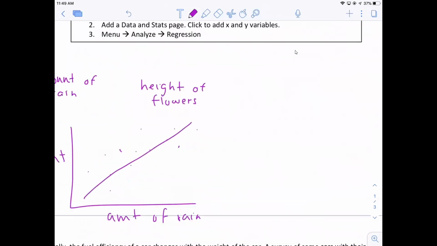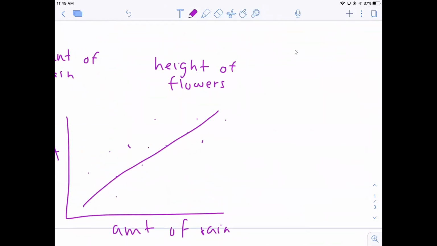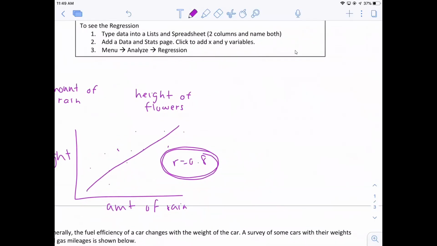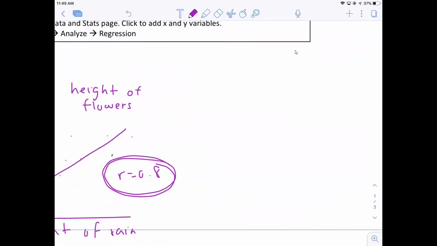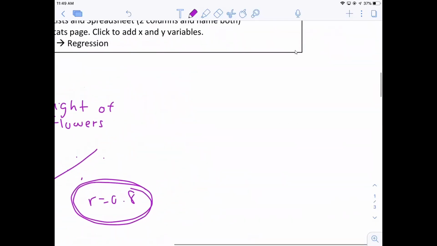So the correlation coefficient, I'm just making it up, might be something like 0.8 here, because it looks pretty strong. So the stronger the relationship, the closer this number will be to 1, when it's a positive relationship. You can also have a negative correlation coefficient.